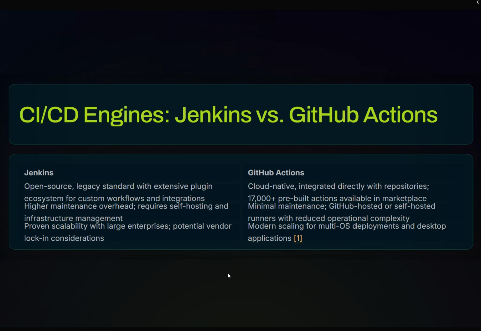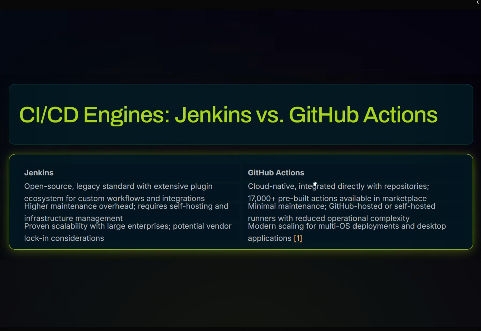Okay, so then we have Jenkins, the open source one, right? Versus GitHub Actions. Jenkins is an open source legacy standard with an extensive plugin ecosystem for custom workflows and integration. Higher maintenance overhead, requires self-hosting and infrastructure management. Prone to scalability issues with large enterprises and potential vendor lock-in considerations, right?